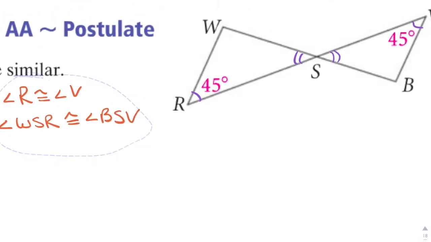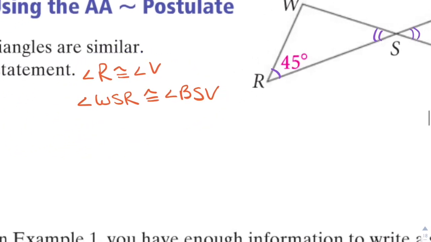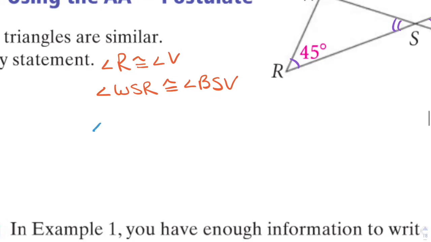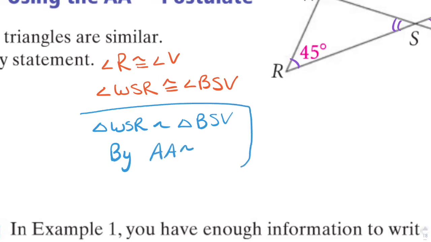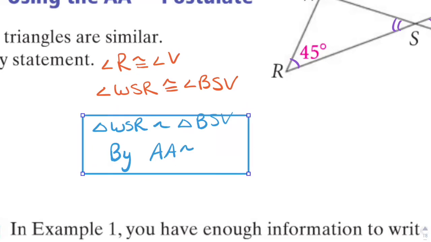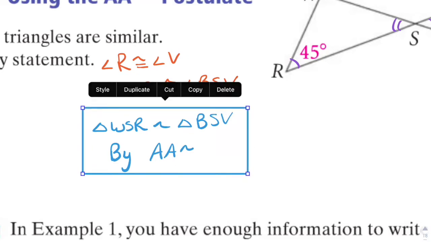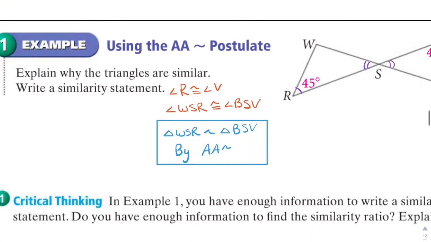And so what we're going to do is we're going to say triangle WSR is similar to triangle BSV by the angle similarity postulate. And that is it. We are done with this one.